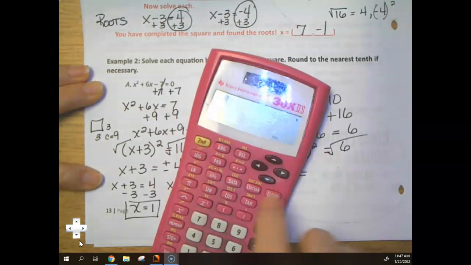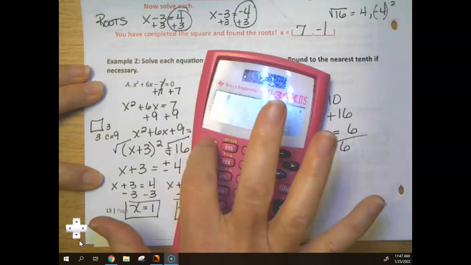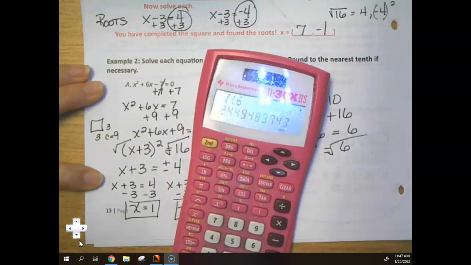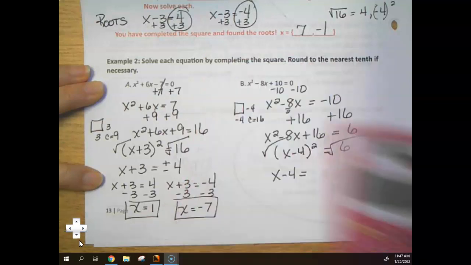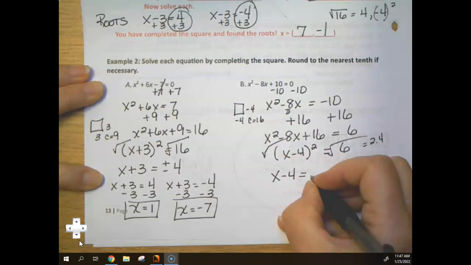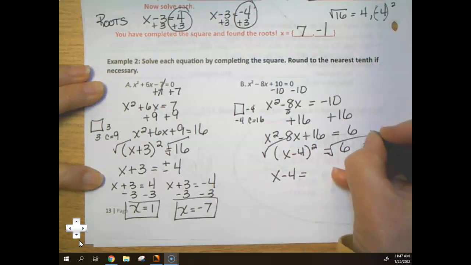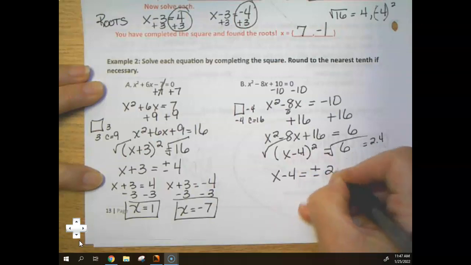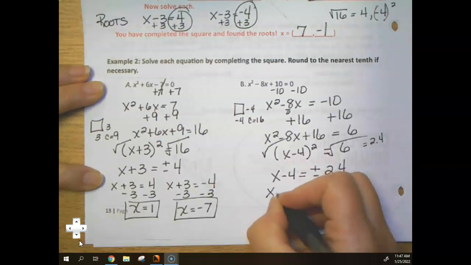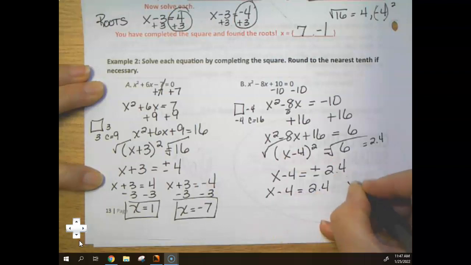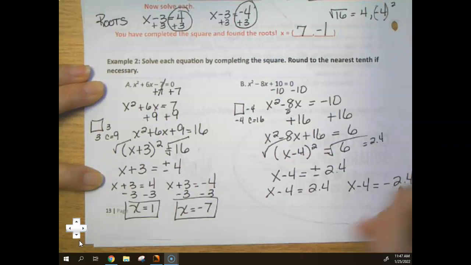So on the calculator, square root of 6, rounded to the nearest 10th, is 2.4. This equals 2.4, a positive and a negative 2.4. Set up my two equations: x minus 4 equals a positive 2.4, x minus 4 equals a negative 2.4.